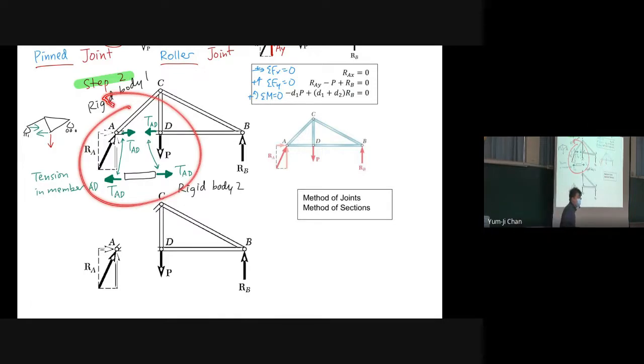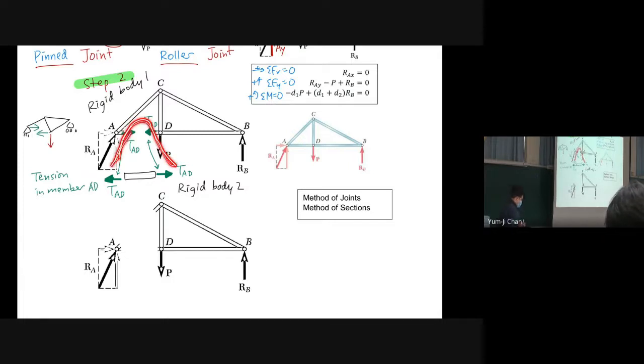We are dividing the truss into two free bodies by cutting along this line. We use the same method to cut free body one into two, like this.